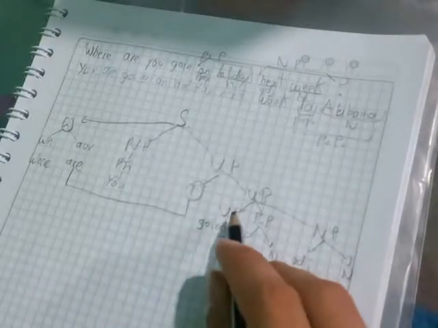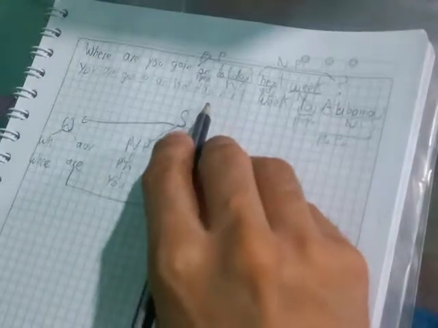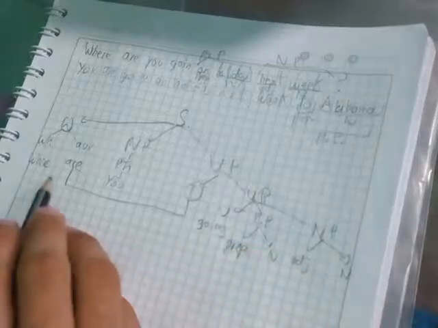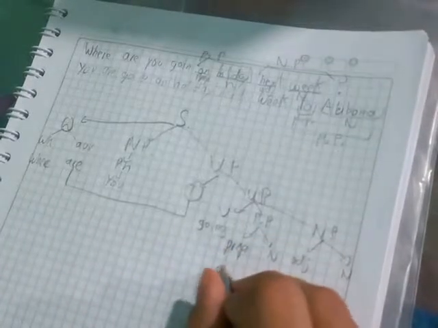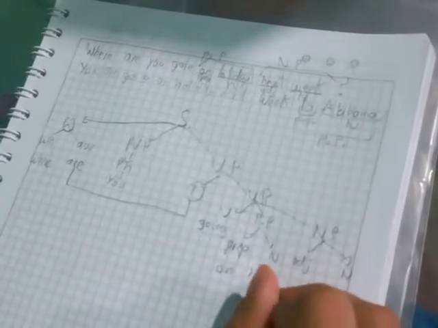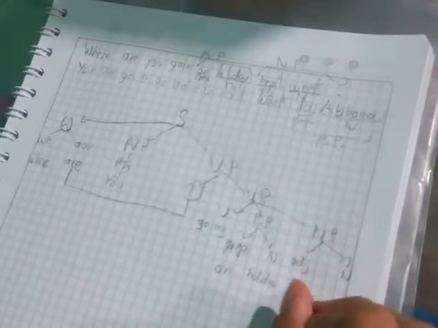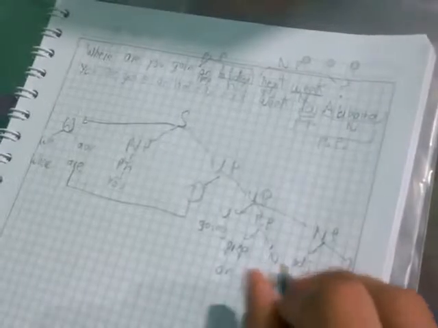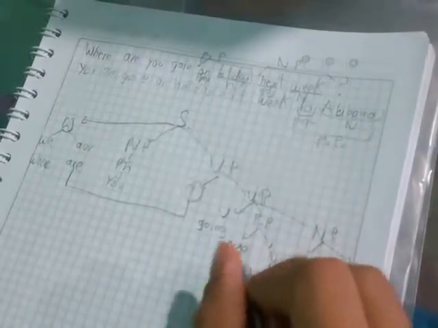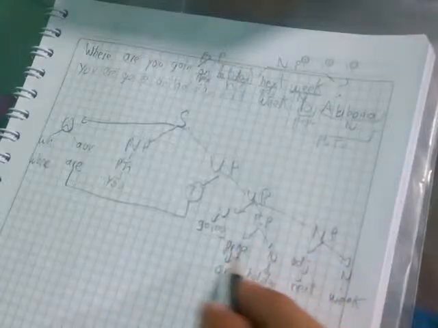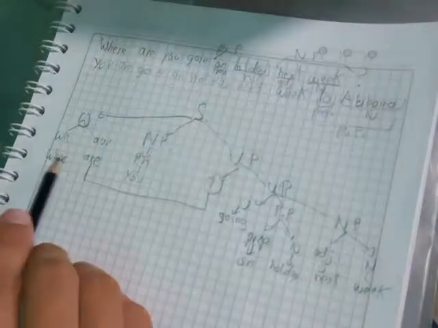Then let's continue with writing the original sentence: where are you going on holiday next week? And then we connect every part so the reader understands what part belongs to another one. However, we are forgetting a little detail that we are not diagramming here, and that is the "where."